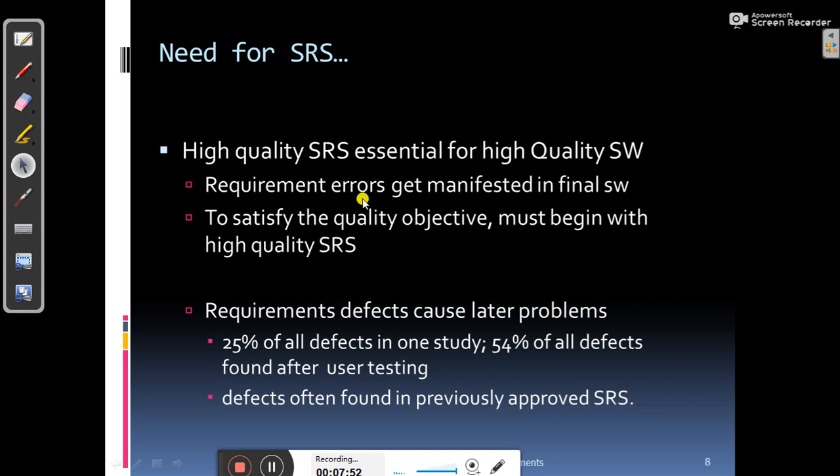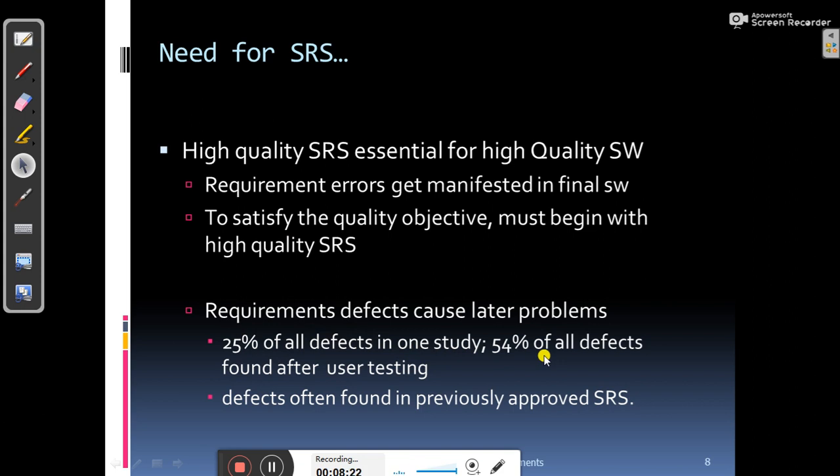25% of all defects in one study and 55% of all defects were found after user testing. So that type of defect can occur. Defects are often found in previously approved SRS. So here you can see that the approved SRS contains defects.